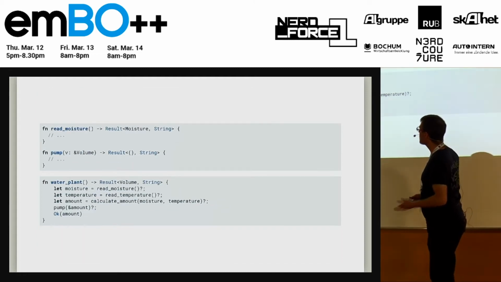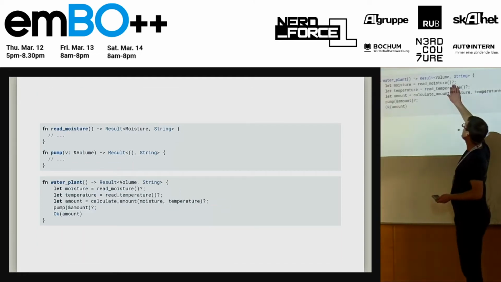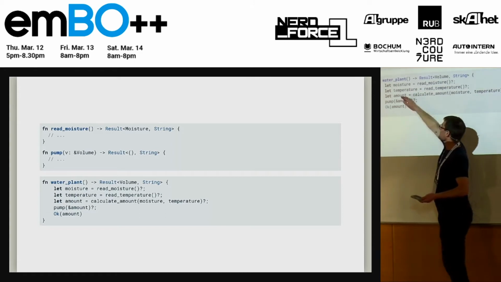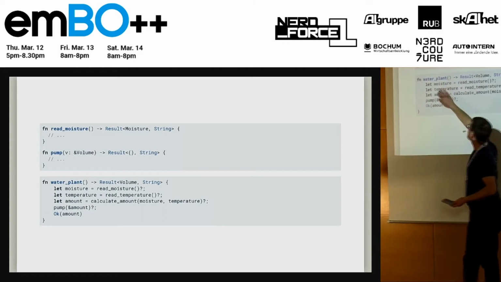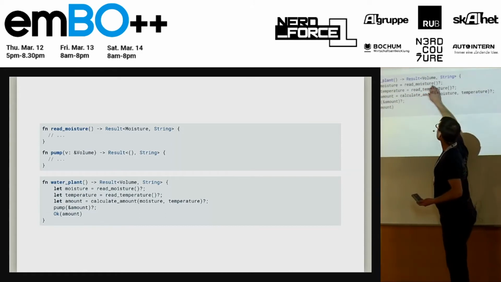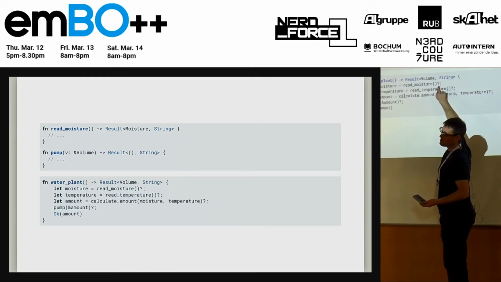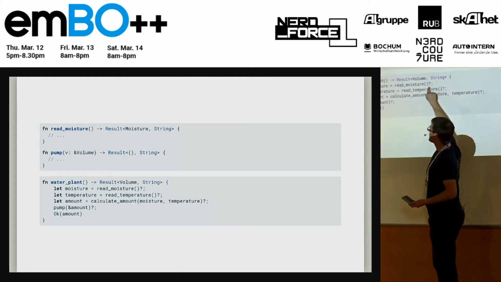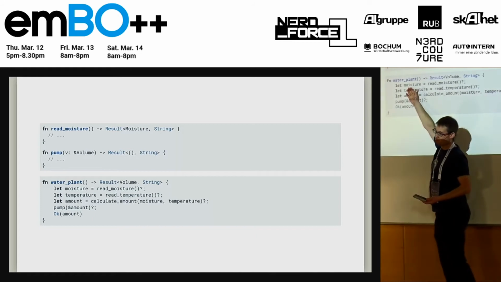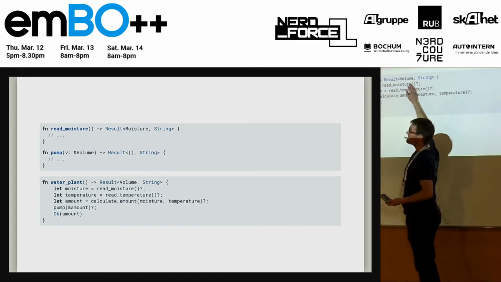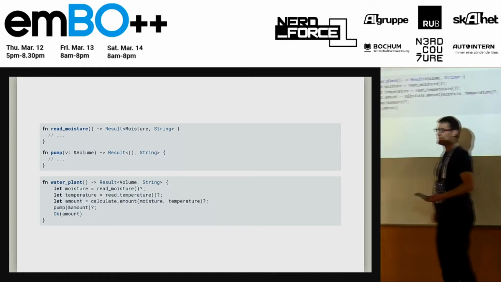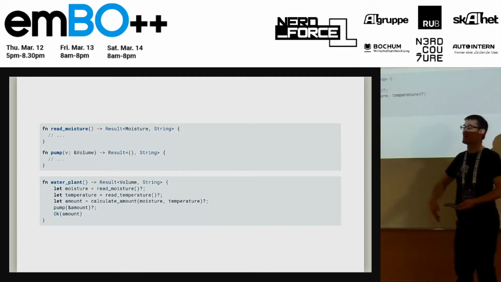And because that's so common, they came up with this operator, and I just say I want to assign to this moisture value the result of this read, and I get a question mark there, and this tells: if there is a value in there, then assign it to the moisture. If there is an error in there, just return with the error. So I got rid of all this error handling.